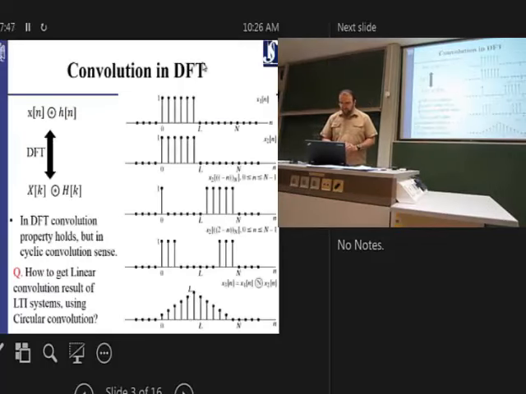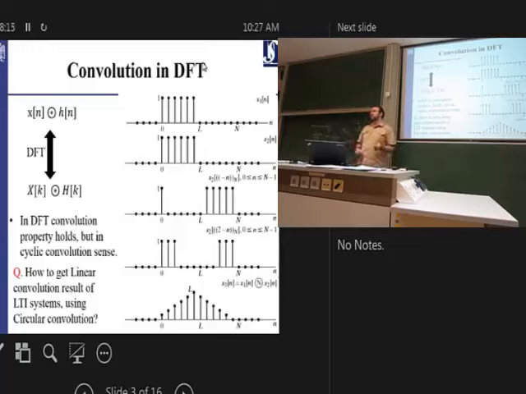Okay. One more thing to mention again is about the convolution. We should know that when we are doing something in the discrete domain, for example the DFT or any of its properties, everything is periodic.